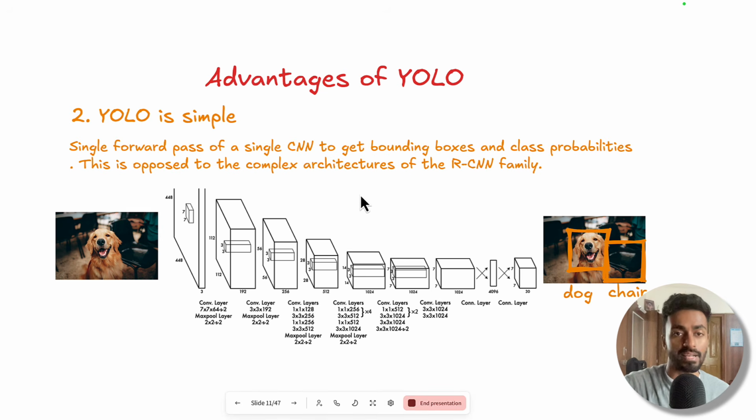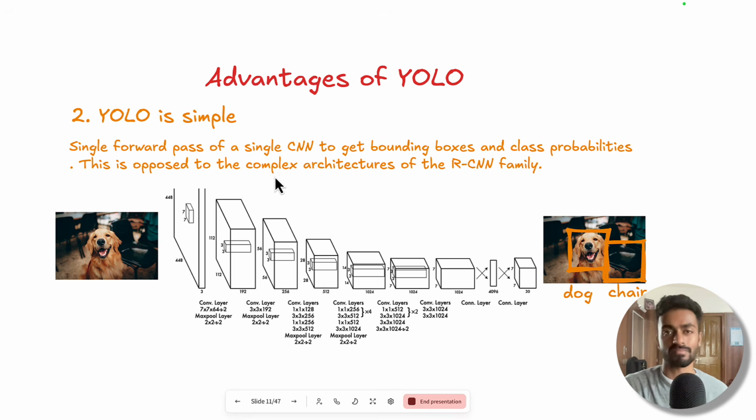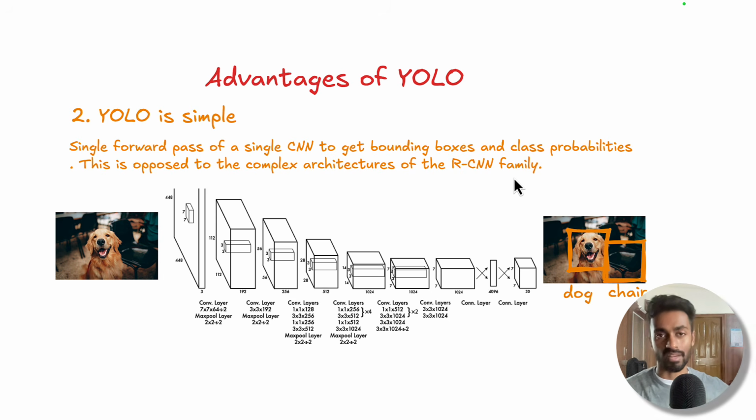Essentially, a single forward pass of a single convolution network can help us get the bounding boxes and also these classifications for all objects in an image. Super simple architecture, as opposed to the very complex architectures of the RCNN family. Again, if you want some more information on this, we have videos on each of those 3 RCNN models.